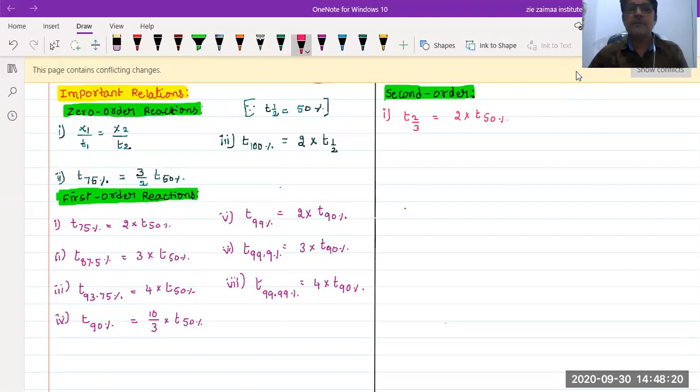Next, second one. T 3 by 4 is equal to how much? If it is 2 into t half, this one will be 3 into t half.